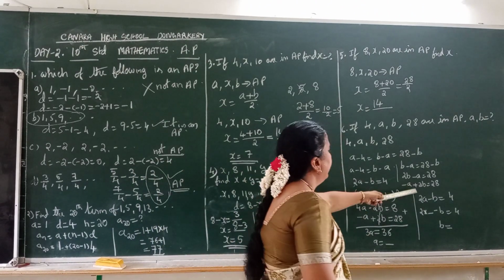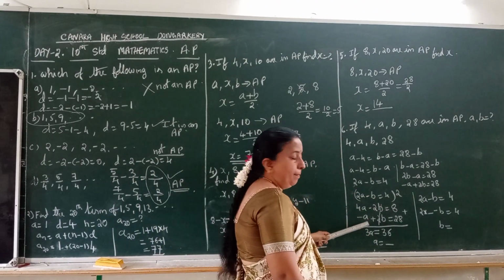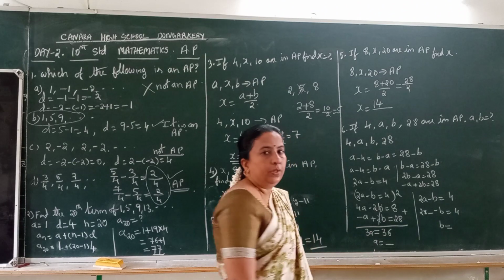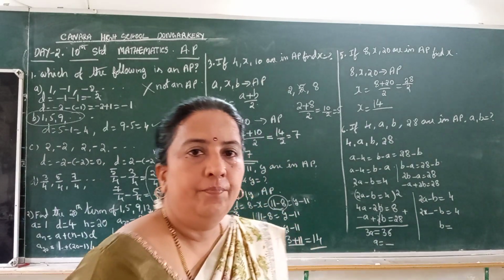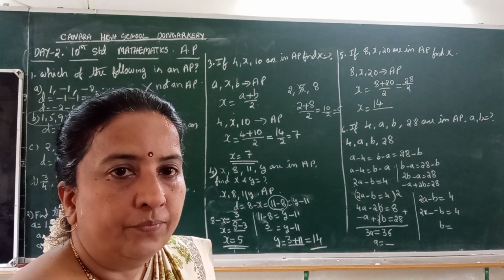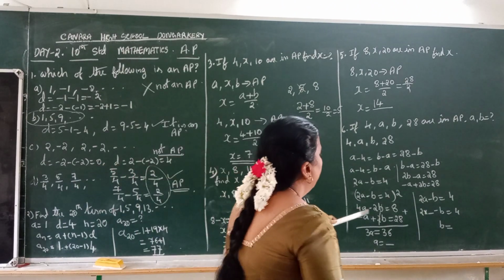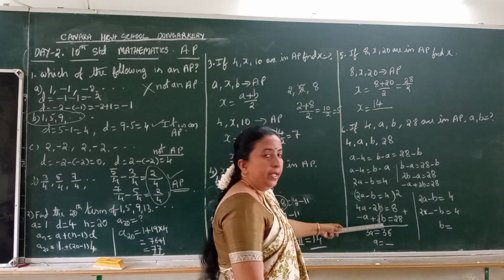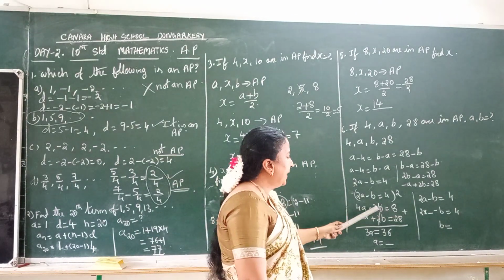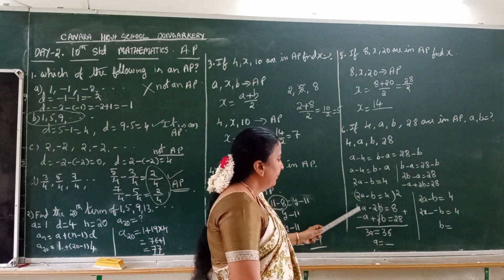Then write the second equation as it is: minus a plus 2b is equal to 28. Here minus 2b, here plus 2b. While adding, this term gets cancelled.